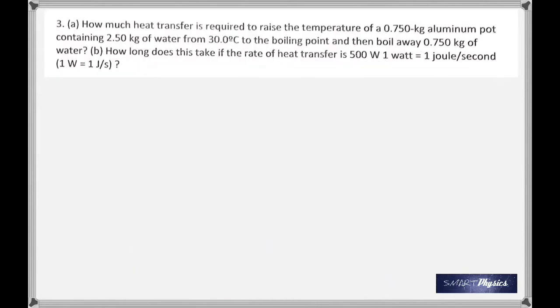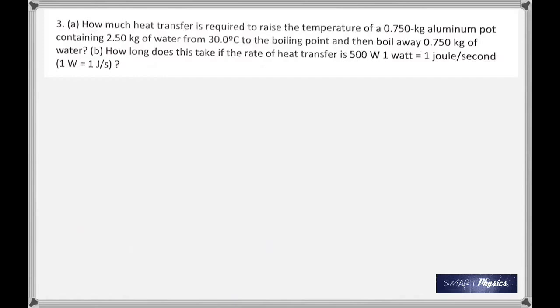Okay, in this third question, how much heat is required to raise the temperature of a 0.75 kilogram aluminum pot, which contains 2.5 kilograms of water, from 30 degrees Celsius to the boiling point, and then boil away 0.750 kilogram of water. So now there are two things that should take place here.